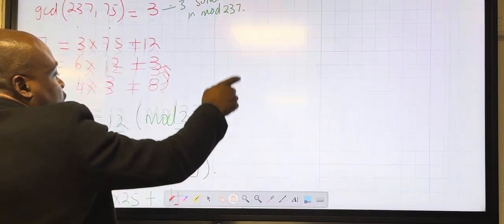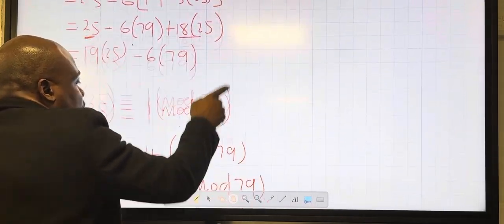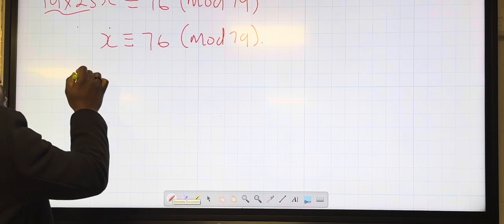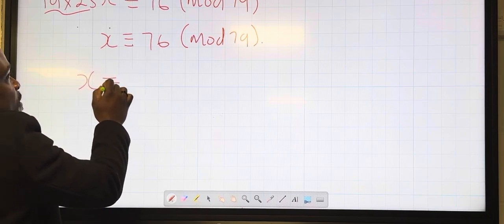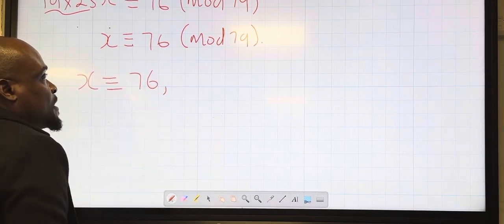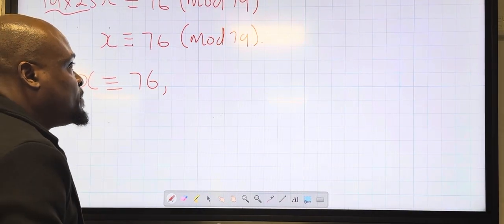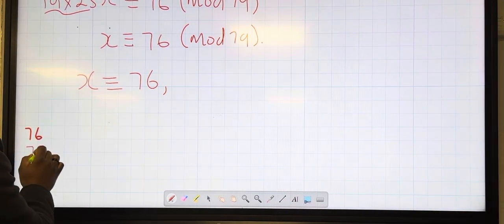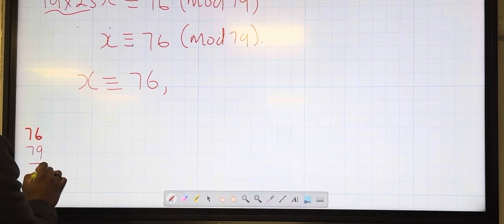So how do we actually balance this now? Our final answers, if we are going to put them in mod 237, will be 76. Then the next answer will be 76 plus 79. We just do it here. 76 plus 79, that's 5 carry 1, 14, 155.